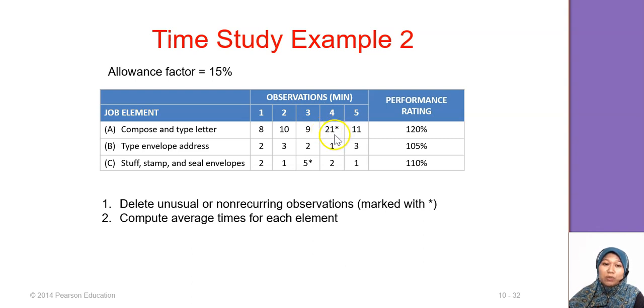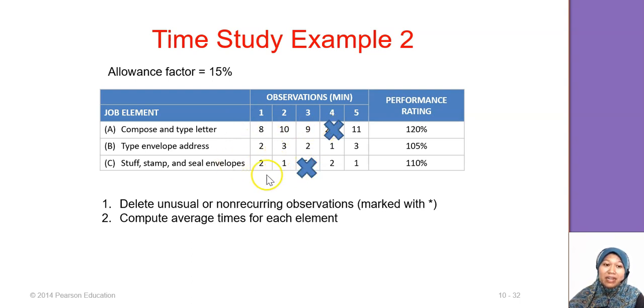So this one we need to exclude. We cannot include it to calculate the average observed time. And then we have to do this for every element. This one is quite okay, nothing abnormal here. And in this one, 5 is out of the range, so we have to eliminate it.